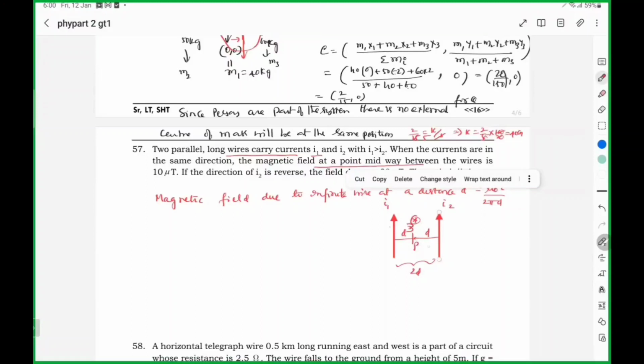The current carried through this other wire is I2, and the magnetic field at point P due to this current is outwards.